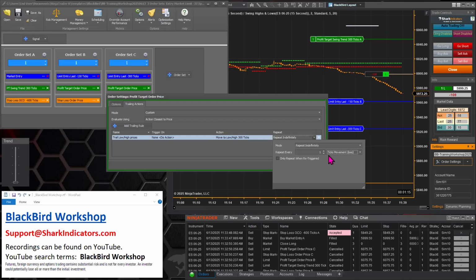So if there are fewer bars that it takes to reach your other entry orders here, then you might want to switch to ticks of movement, or points of movement as well. So either way works.